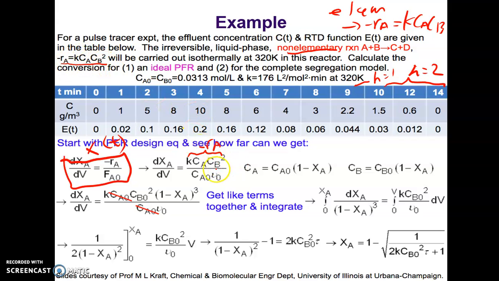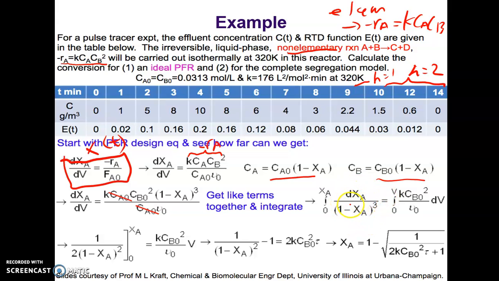So you just insert it in here, right? And then FA0 equals CA0 v0. This is your fundamental knowledge. Similar goes for this one, this is your stoichiometry, right? So you insert all these equations back into the design equation, and then you cancel out. In the end, you will get something like this.